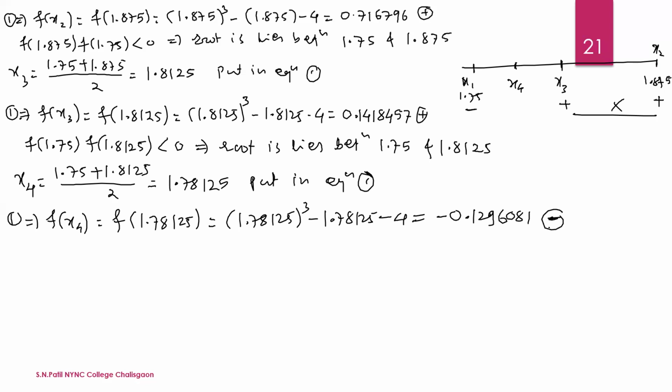So we get a negative value. So here we have the same sign. The root does not lie between these two intervals. So the root lies between x4 and x3.